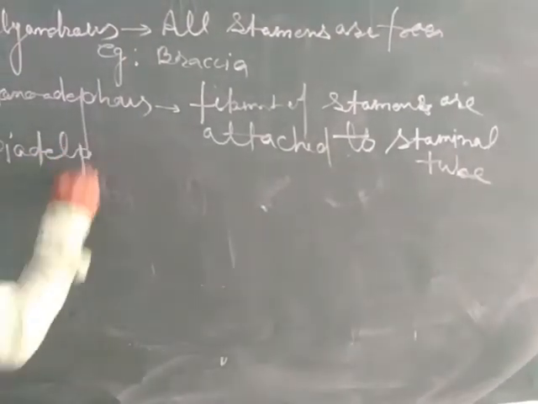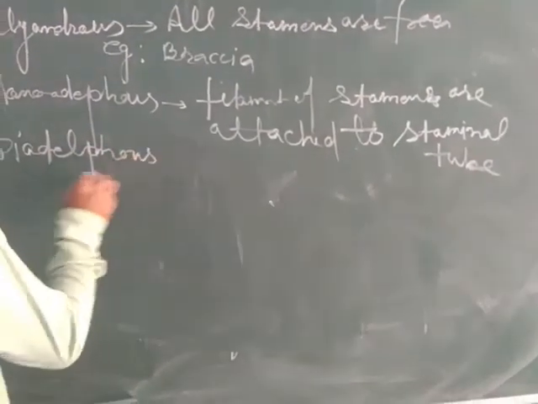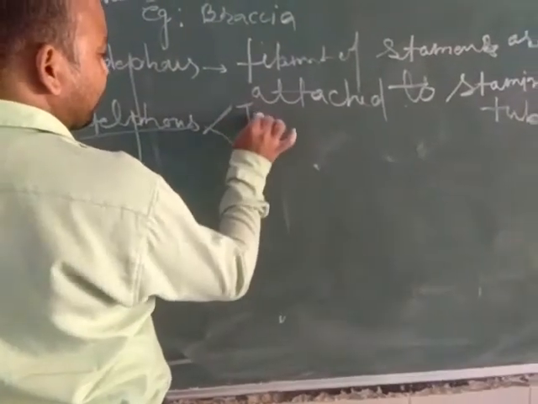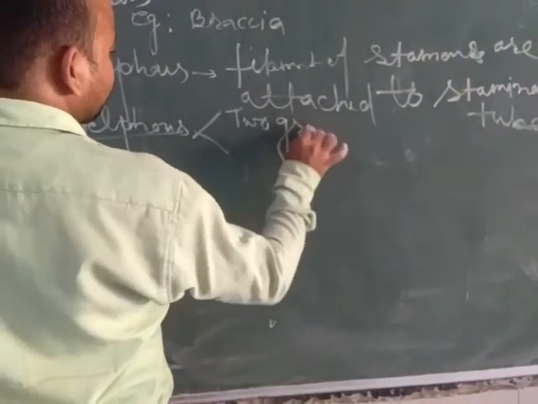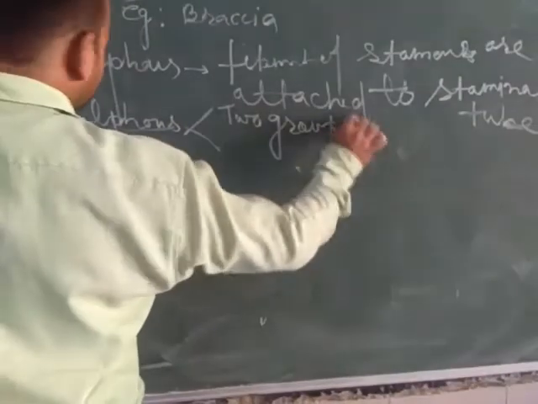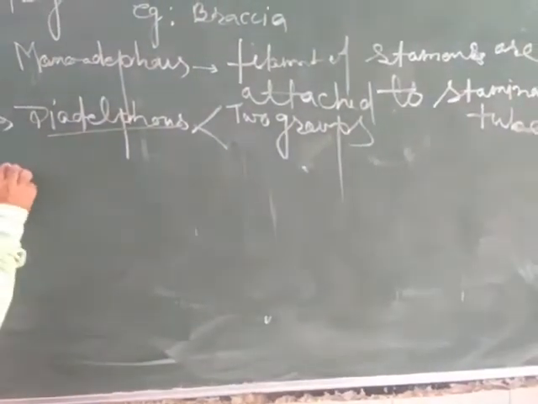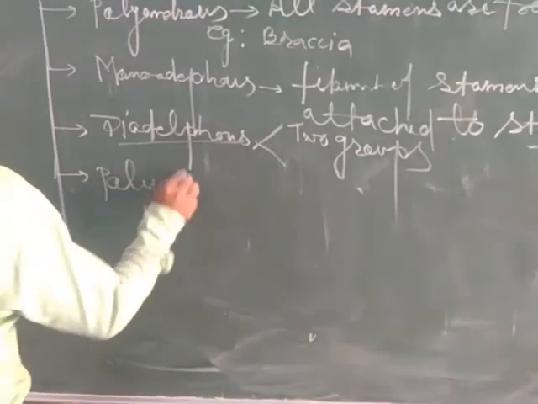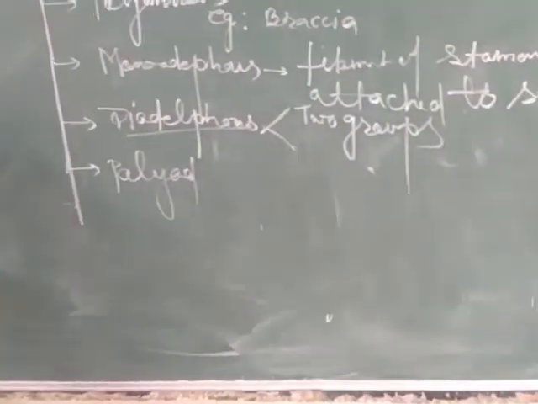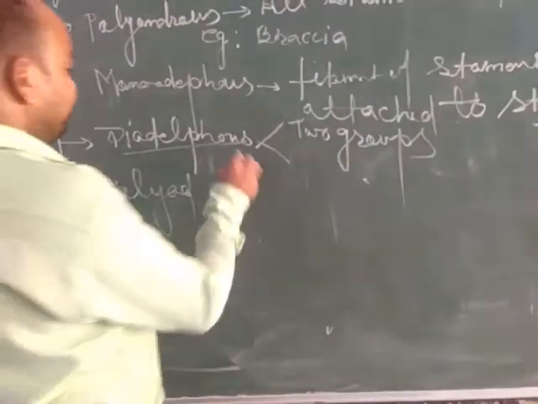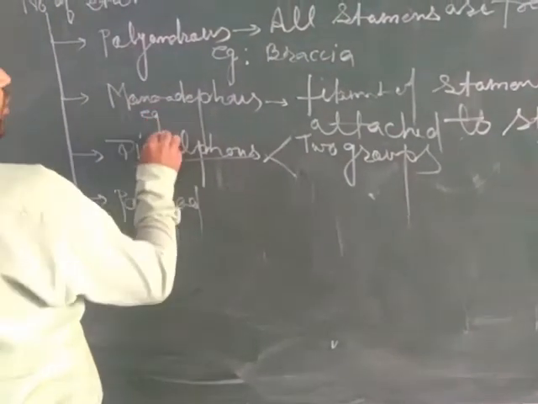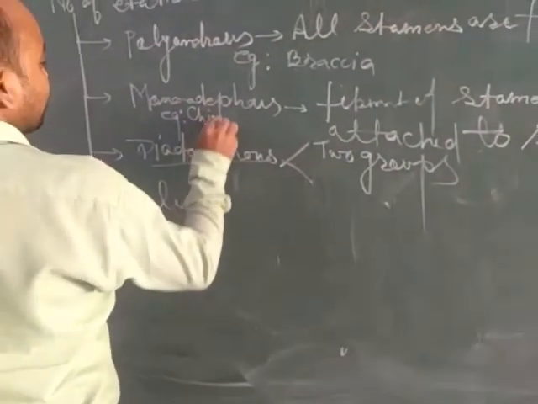Diadelphous condition. In this condition, stamens are arranged in two groups. This condition is called diadelphous, and the next condition is polyadelphous. The example of monoadelphous type of filament is China rose.